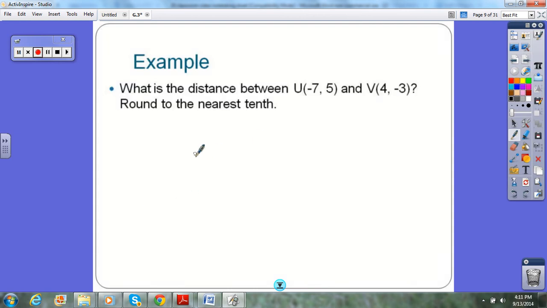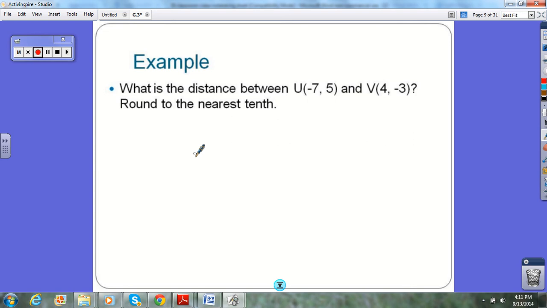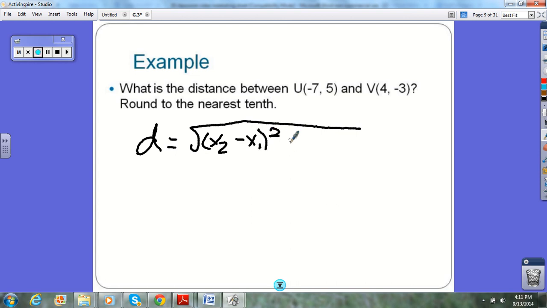So if we look at this example, we have to find the distance between point U (-7, 5) and B (4, -3), and we're going to round it to the nearest tenth. So using our formula, we're going to substitute in. We know distance is equal to the square root of x2 minus x1 squared plus y2 minus y1 squared.